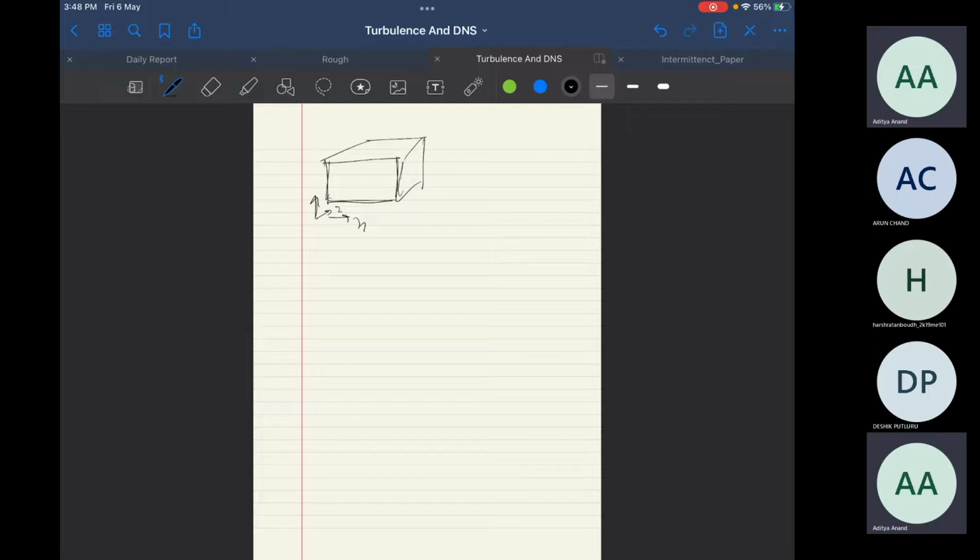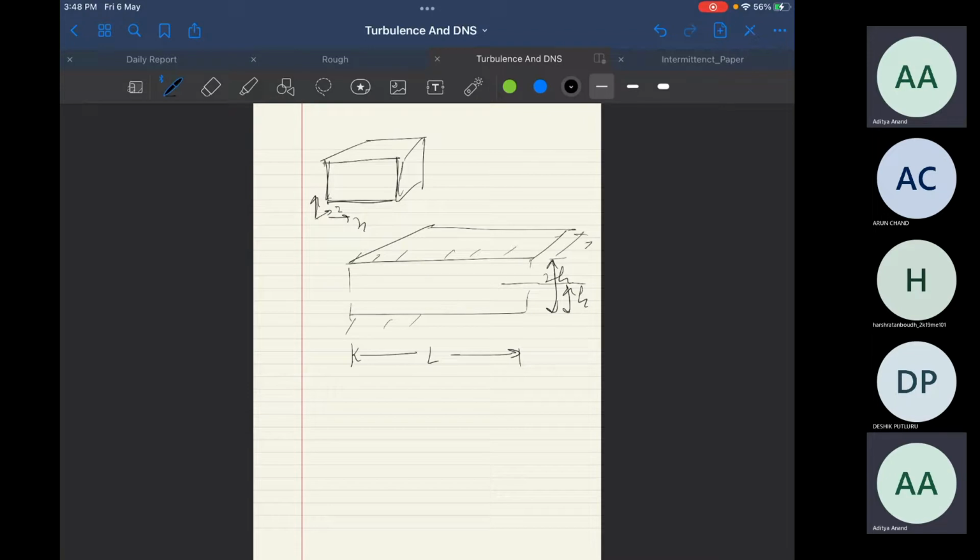Let's say if you want to perform channel flow simulations. So you have a channel. This domain would be limited, of course. Your channel has a length of L, height of 2h. So this is h. The total height is 2h. And it will have some width as well.